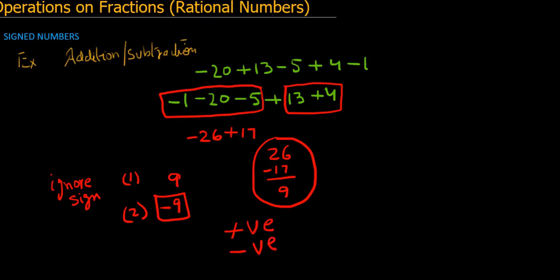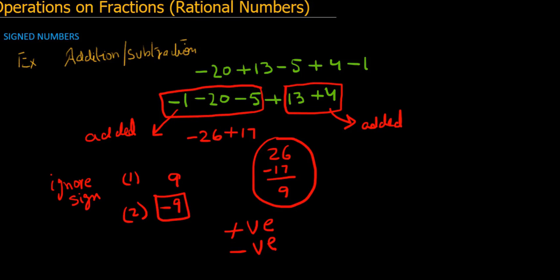Here we didn't subtract: all numbers are negative, so we add them; all numbers are positive, we add them together. But when we are left with only two numbers, one positive and the other negative, then the process is subtraction.